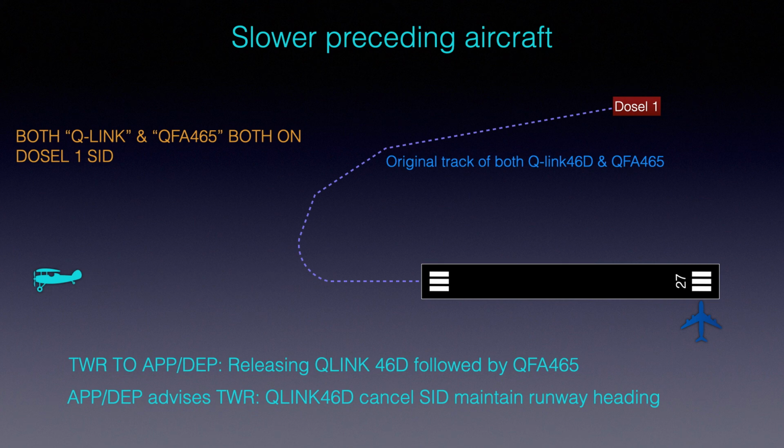Approach gives him uninterrupted climb. And then Qantas 465. And then when you see there's enough separation, then obviously you can get Q-Link to track him back up to Docel. So that's one way.